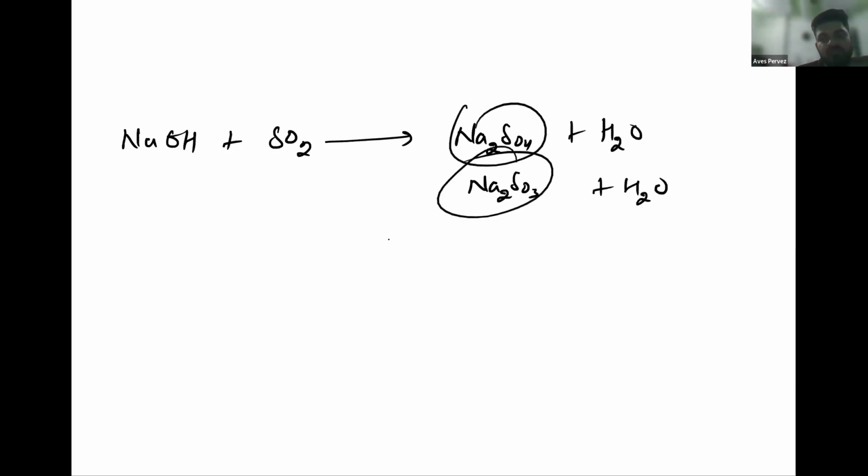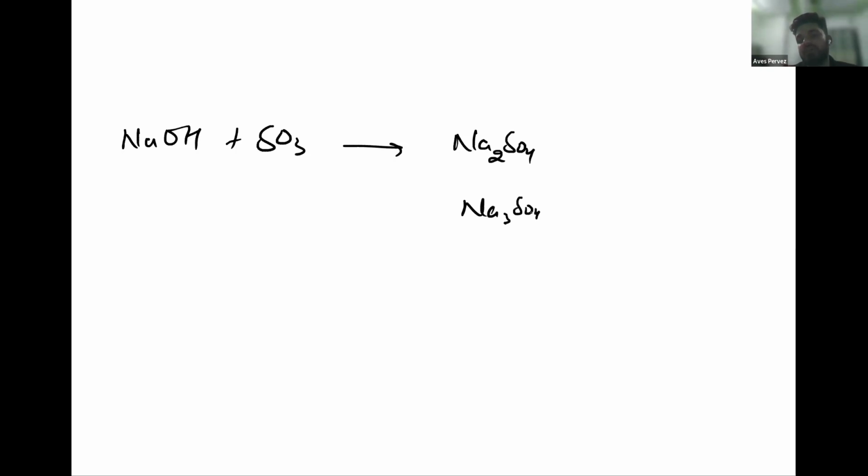The second one, Na2SO3, is correct. Now if I have sulfur trioxide, which one is correct, Na2SO4 or Na3SO4? The first one, Na2SO4. So you must remember this one. We added an extra oxygen here.